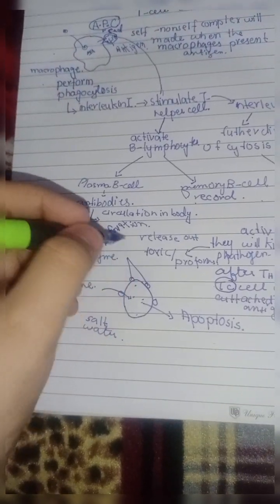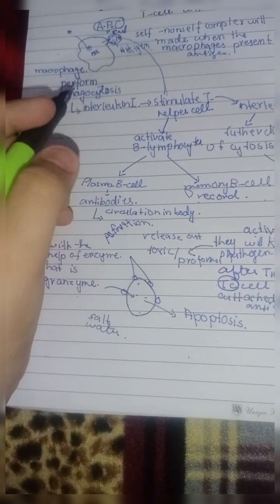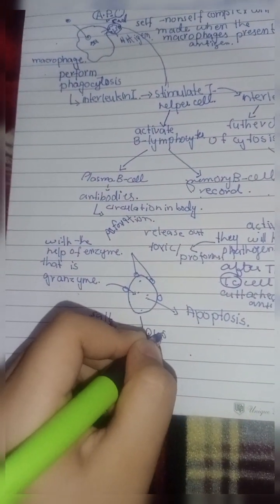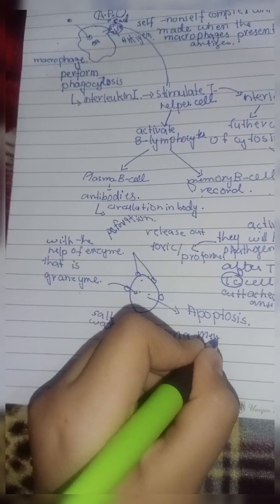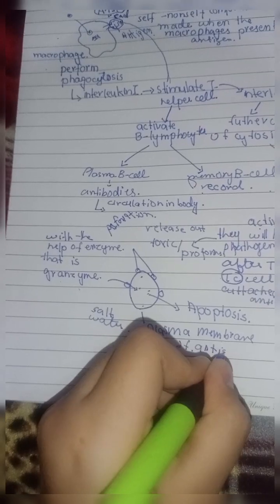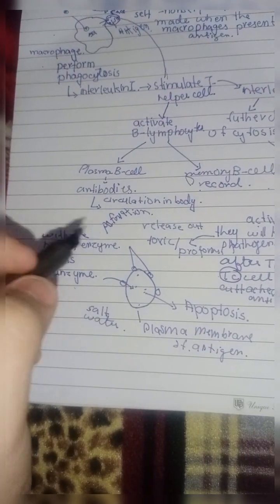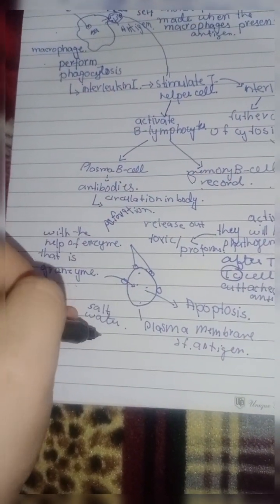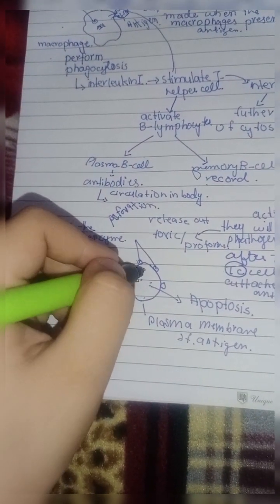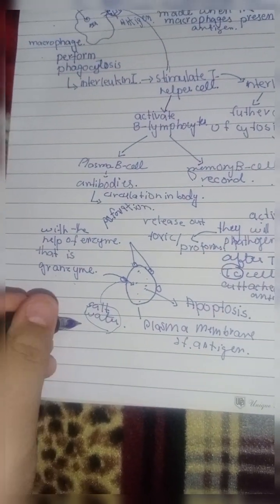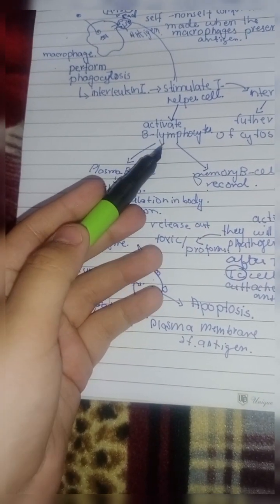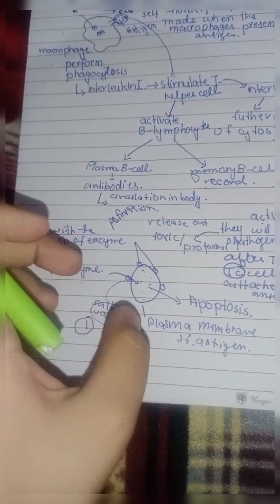With that they will make holes in the plasma membrane of the antigen. Outside we have the salt water, so the salt water moves inside and this cell will burst. This is the first condition.